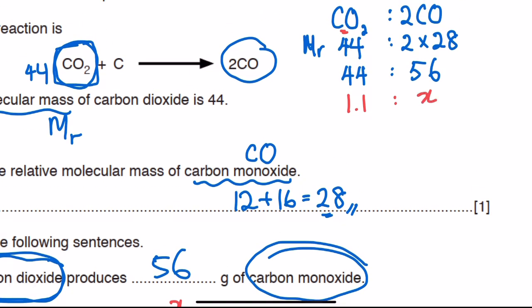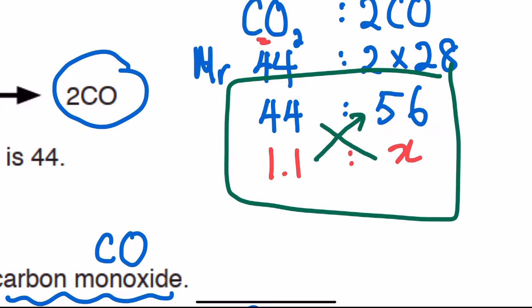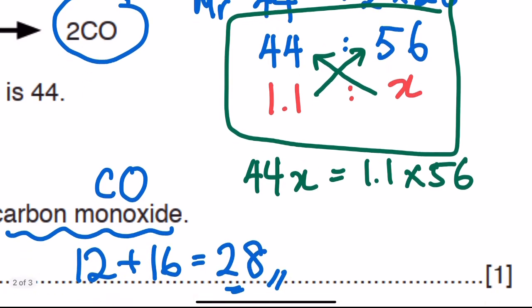So if I zoom here, do you remember what to do for your mass? You remember cross multiply? Put a cross like this, then the x, bring to the other side becomes multiply, the 1.1 bring to the other side also multiply with the 56. So here we go, 44 multiply with x, 44x, equals 1.1 times 56.